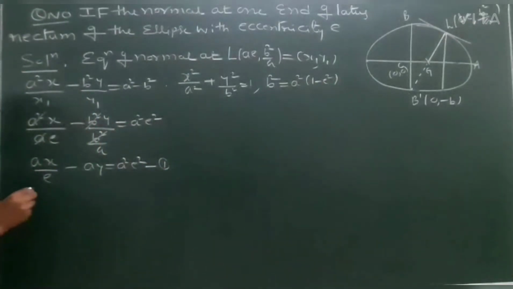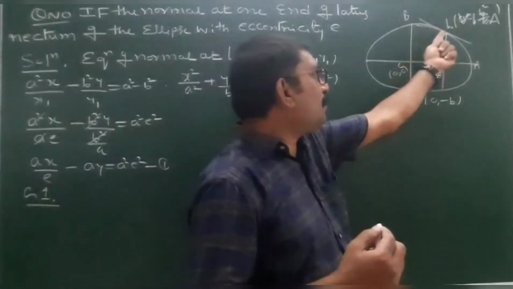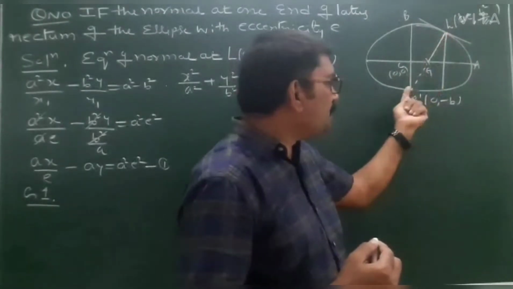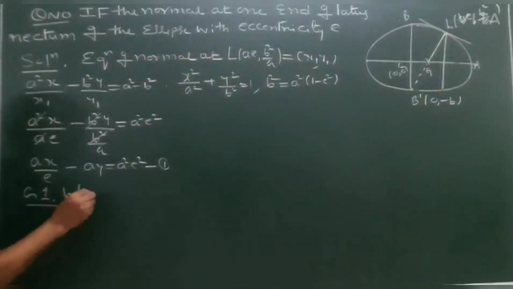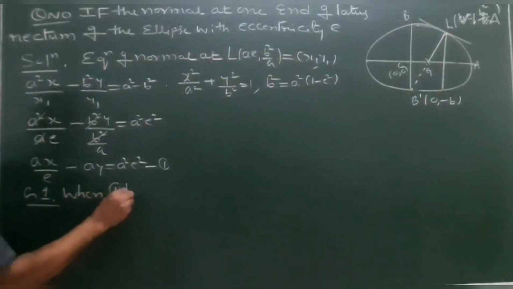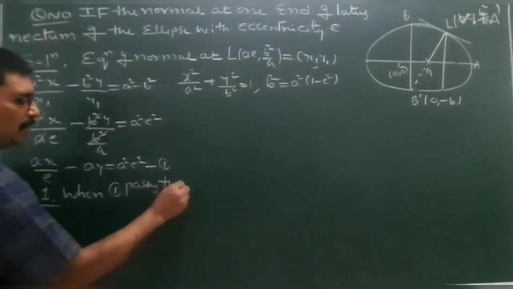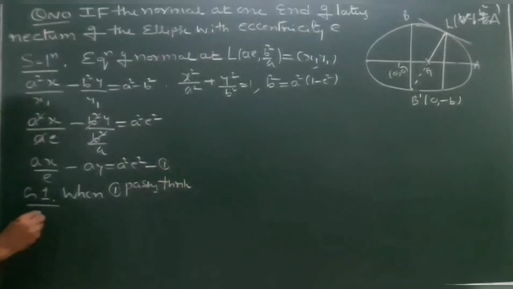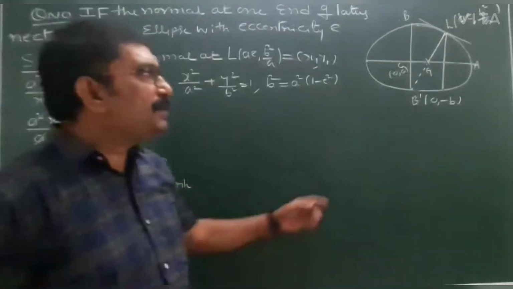Now coming to case 1. What's case 1? The first question is, when the normal drawn at one end of the latus rectum passes through one end of the minor axis, say B' (0, −b).